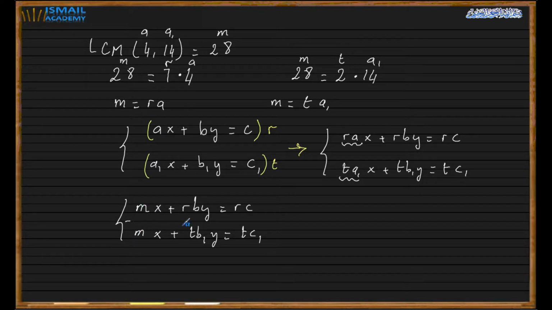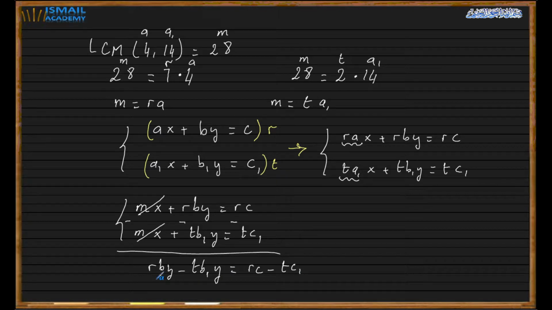So I'm going to subtract. You see, I will subtract here, so this cancels out. I eliminate the x. There's no more x, and here will be RBY minus TB1Y equals RC minus TC1.